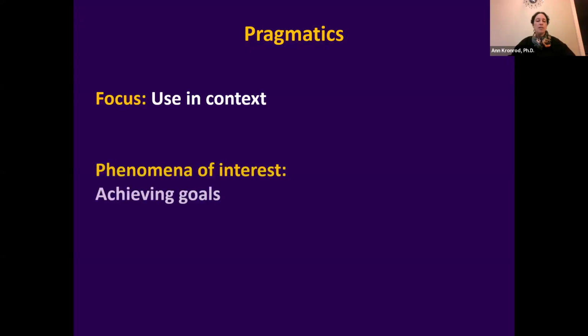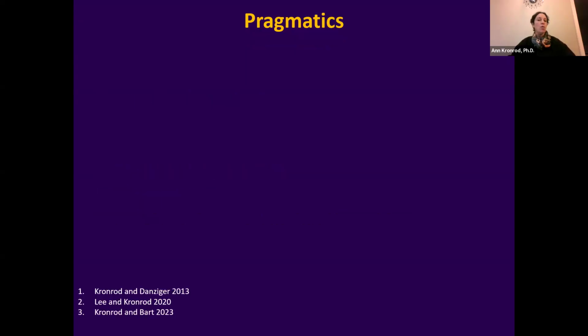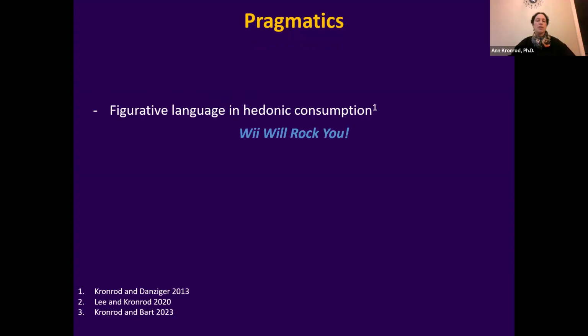So, for example, if we want to achieve goals with language, we can use figurative language. There's a product review that had this title. I read the product review, and it said, "We will rock you," right?